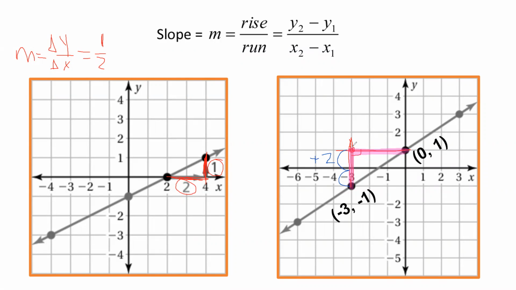But since in this case we're going right, we're going to go positive 3 to our right. Again, it's our change in y over change in x. Our change in y is that positive 2, and our change in x is that positive 3. So our slope for this one is 2 over 3.